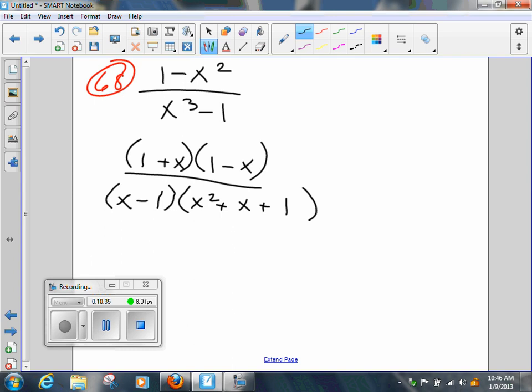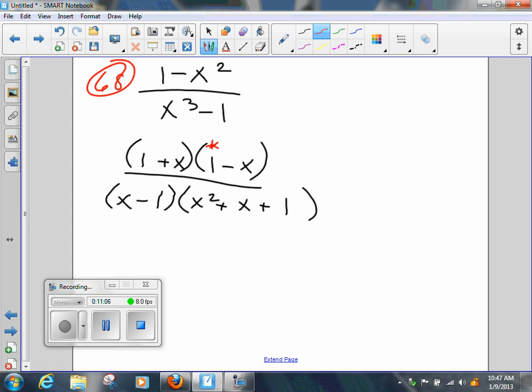Is there anything that we can cancel out that looks similar, that looks so similar, but they're not exactly the same? The 1 minus x and the x minus 1, right? I would be able to cancel those out only after I do what?